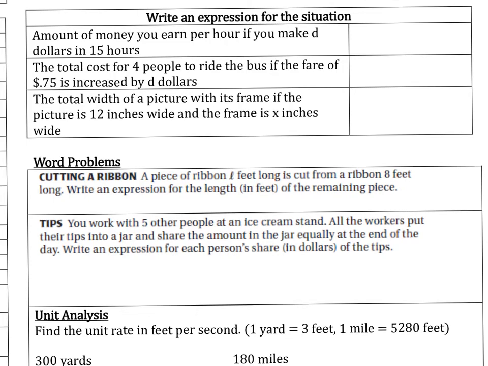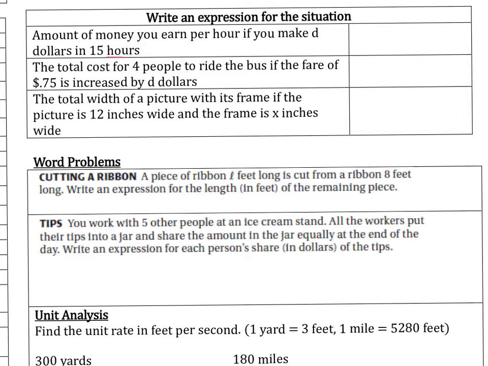Write an expression for the situation. So here are real life examples, and it wants you to write an expression that will represent the situation. The amount of money you earn per hour if you make D dollars in 15 hours.